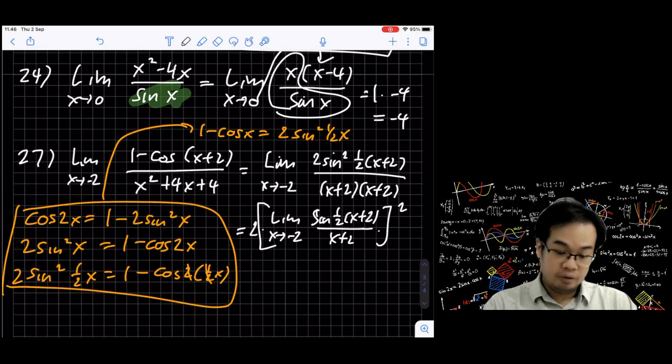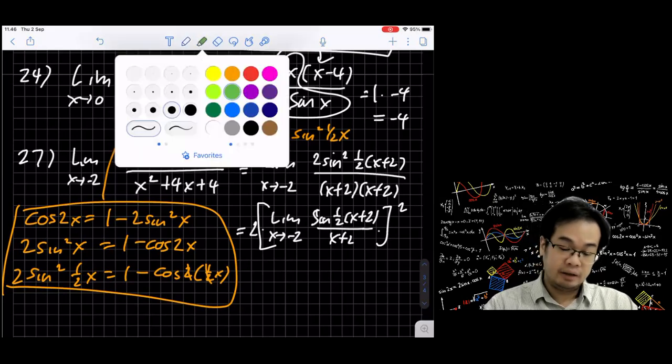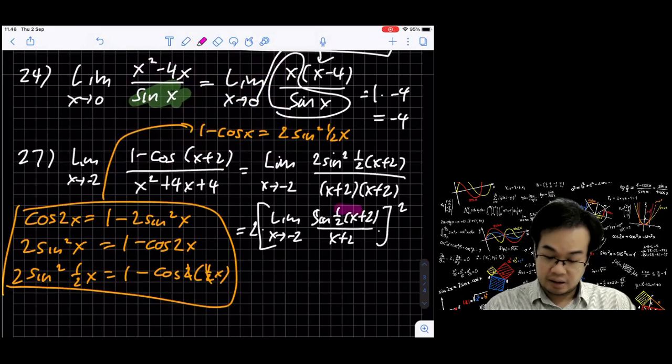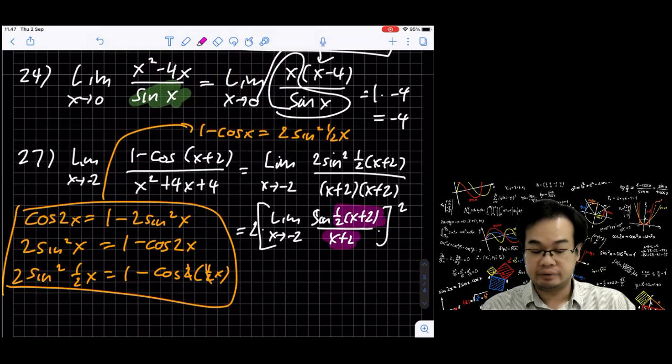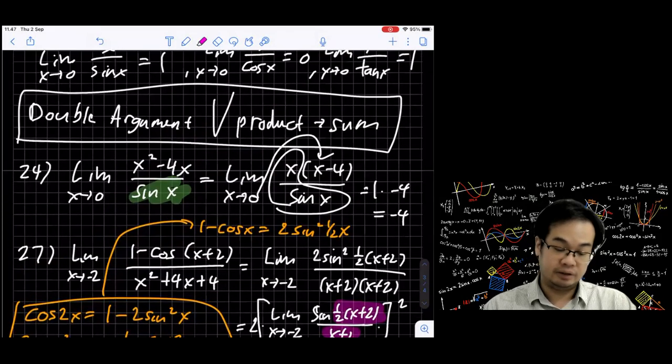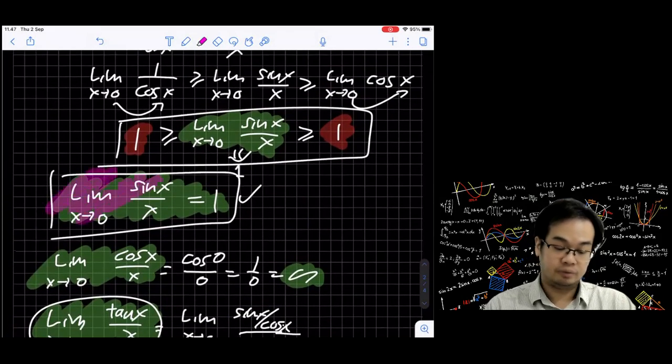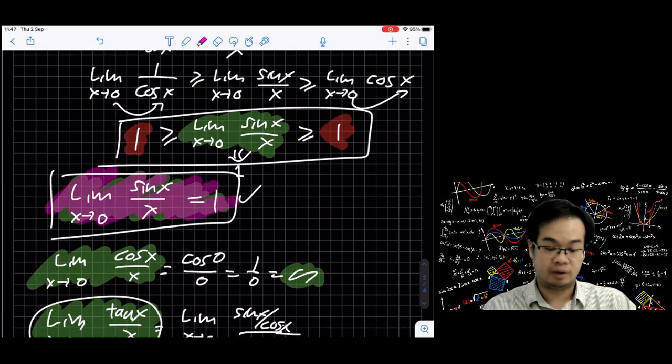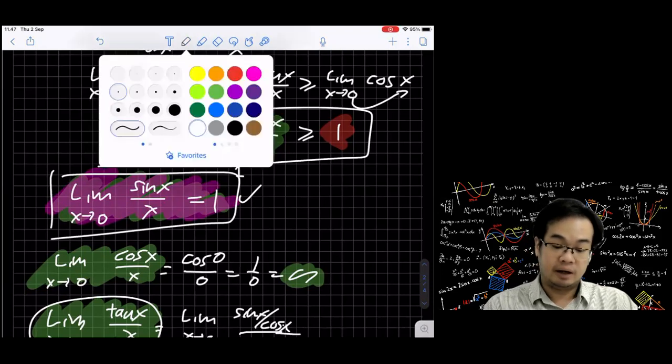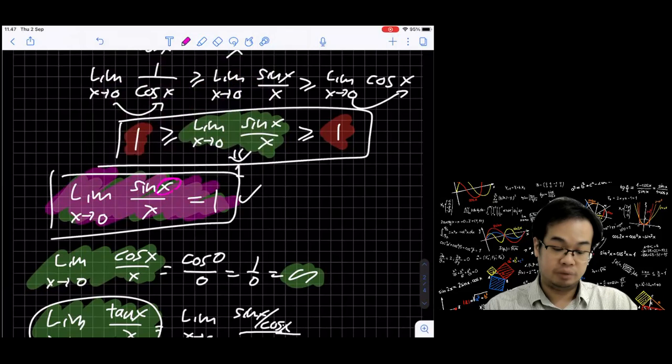Now look that the argument of the sine and the denominator are almost similar, but the argument is half of the denominator. If we want to use this formula, then the argument must be equal to the denominator.